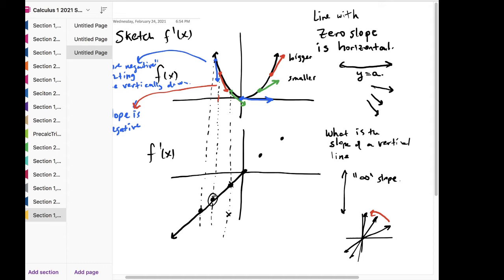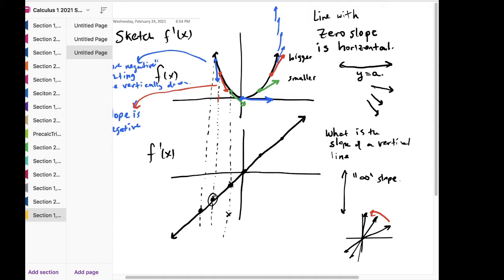So as you creep up this line, the tangent lines are getting closer and closer to becoming vertical lines. Now, of course, they'll never be vertical because this is not like an asymptote, right?